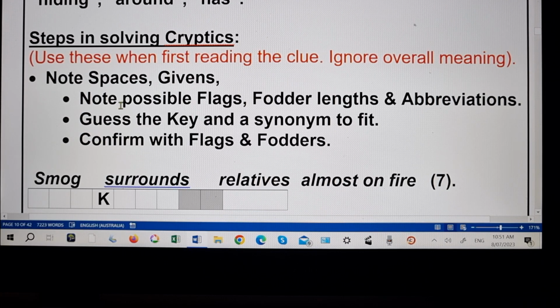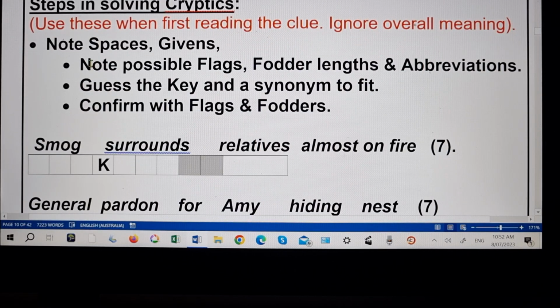Then note the possible flags, fodder length, and abbreviations in the clue. This is the real work now. Guess the key and a synonym to fit that clue, and then confirm your answer. Right, this is the part where you get it all and you guess it all, and then lastly you confirm.